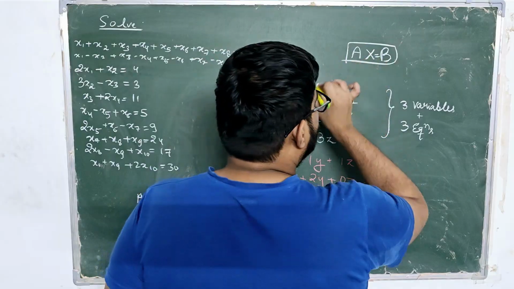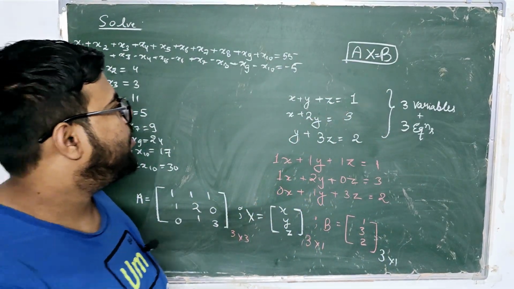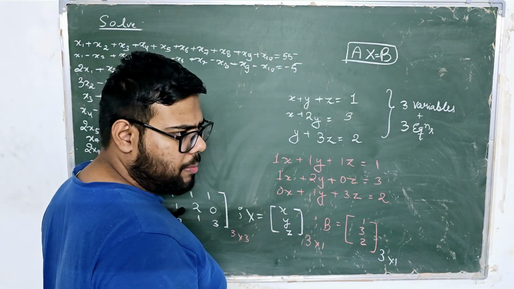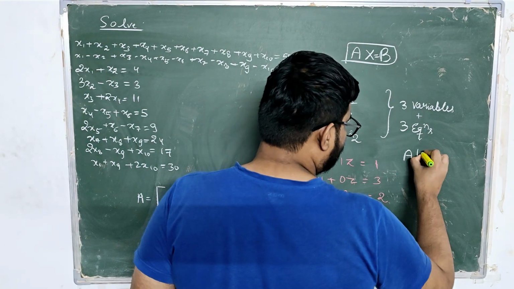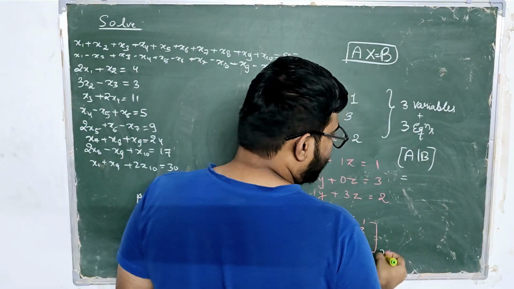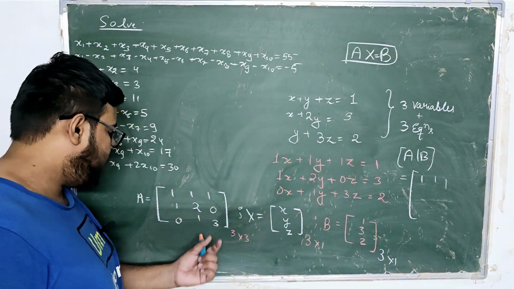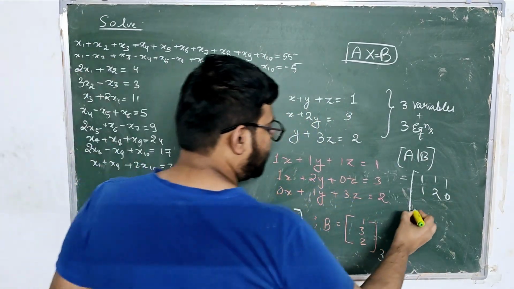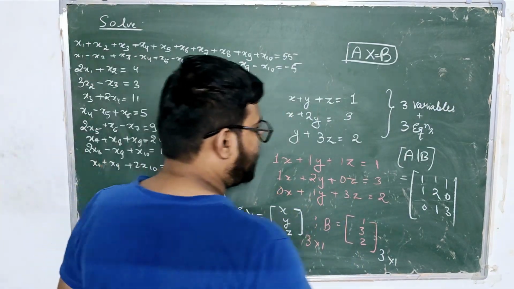And what's next? We will be using the concept of augmented matrix. What is augmented matrix? Let me explain it. You can write it as 1 1 1, 1 2 0, 0 1 3, and it is augmented with 1 3 2.